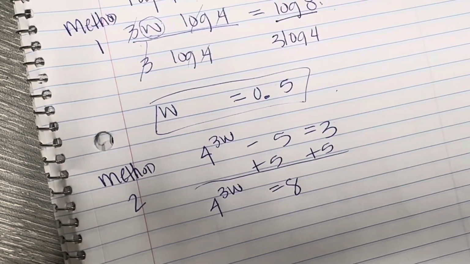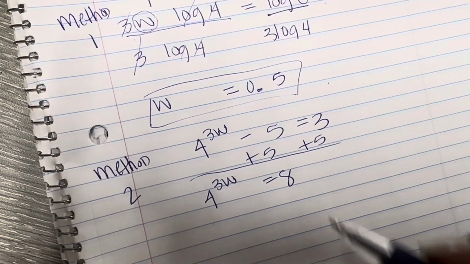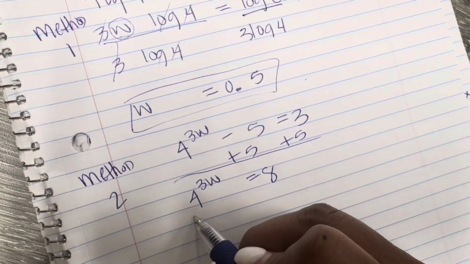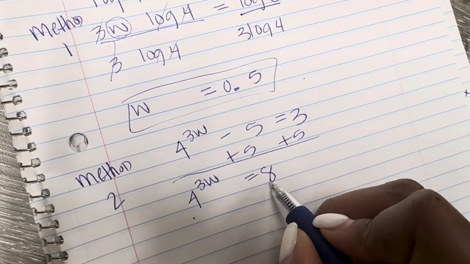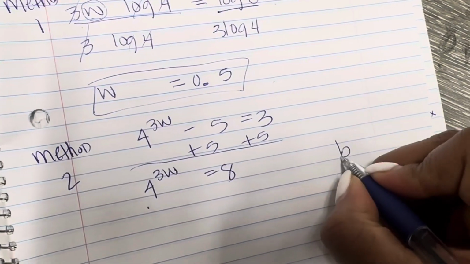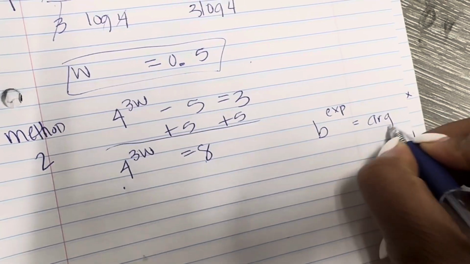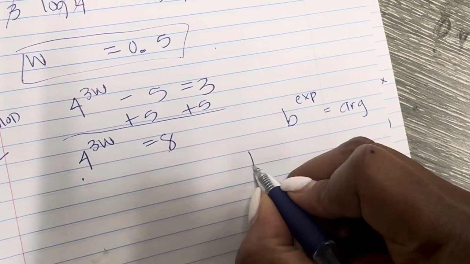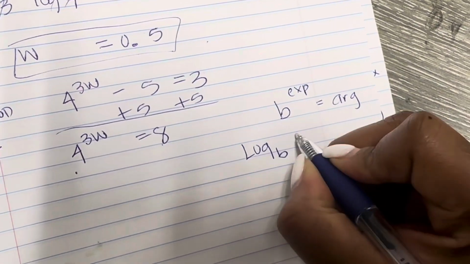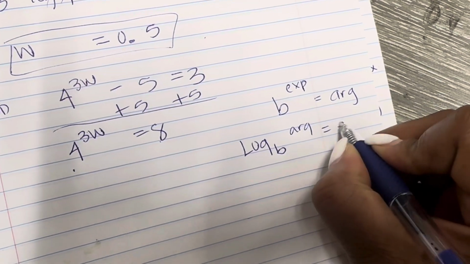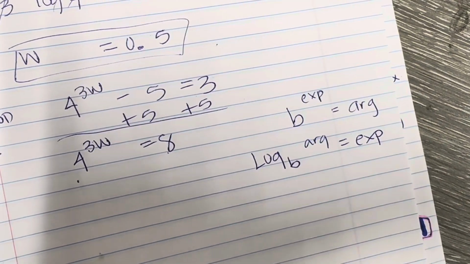Well, what could we do? Look at your format. We've got a base, we've got an exponent, we've got an argument. Base and exponent equals your answer, your argument. Oh, look at that. We've got a log, we've got a base, we've got an argument equals our exponent. Recognize the pattern and use it.